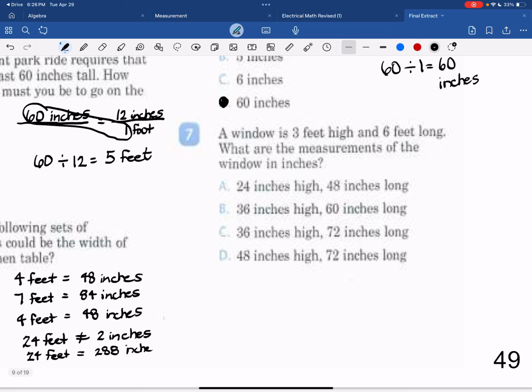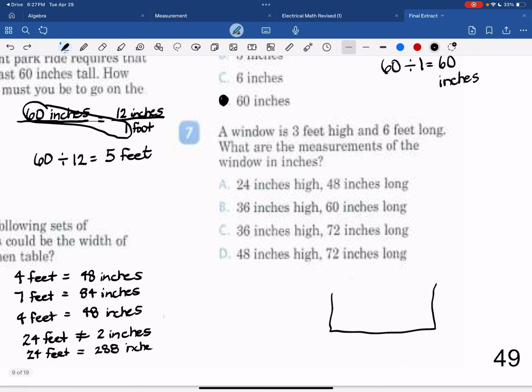A window is 3 feet high and 6 feet long. So it's something like that. Not quite. It's definitely a rectangle, but my rectangle was pitiful. So we know that it's 6 feet, and we know that it's 3 feet high.